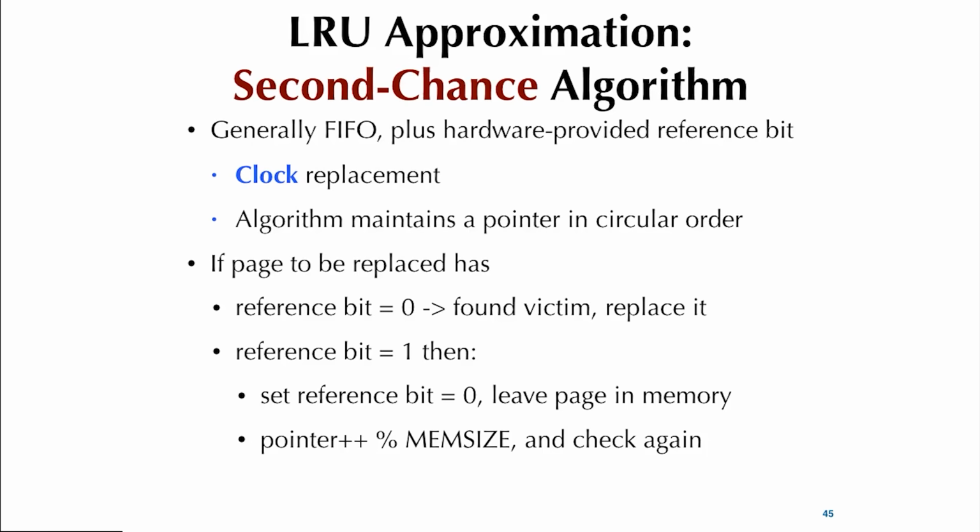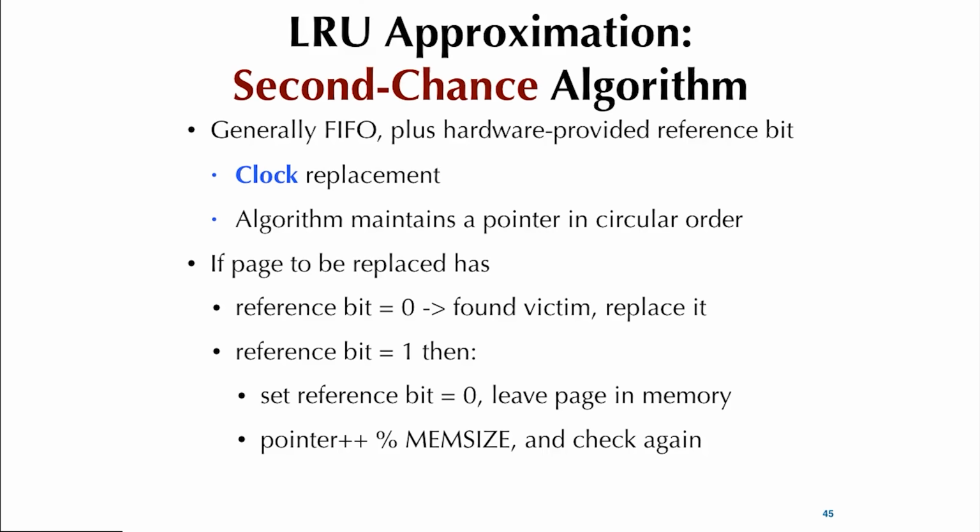So if it checks the reference bit and it's 0, I'm going to just use it as the victim. But if it's 1, what happens? Well, that page gets a second chance. So if it's 1, I clear it, and then I increment the pointer. Of course, when I hit the end, I wrap around, right?